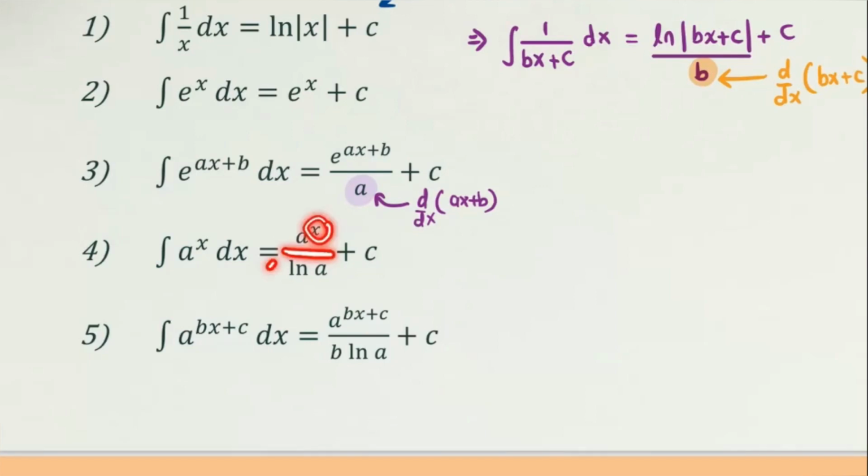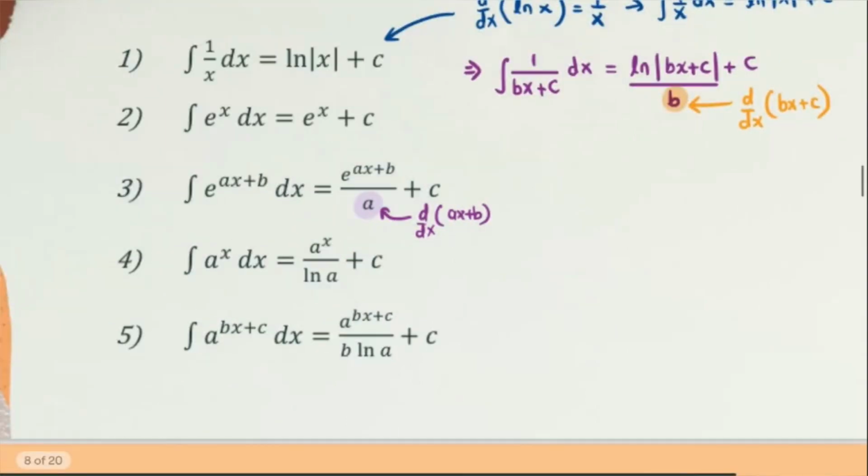So differentiate x dapat 1 and then kita akan darabkan 1 tersebut dengan ln of the base. And then this will be the same steps jugalah. So integrate a to the power of bx plus c. So first salin bahagi dengan differentiate power, differentiate bx plus c dapat b and then darabkan dengan ln of the base. Base kita apa? A.